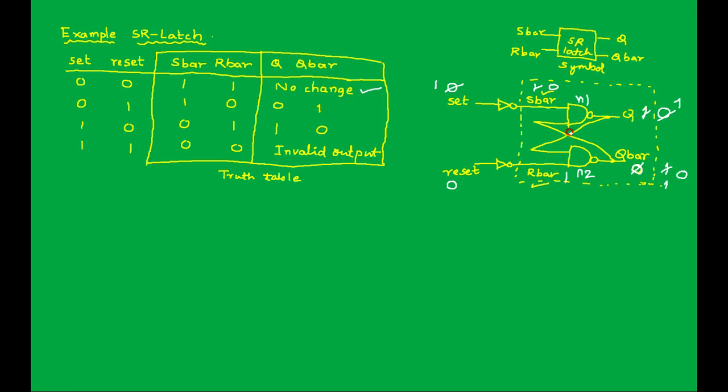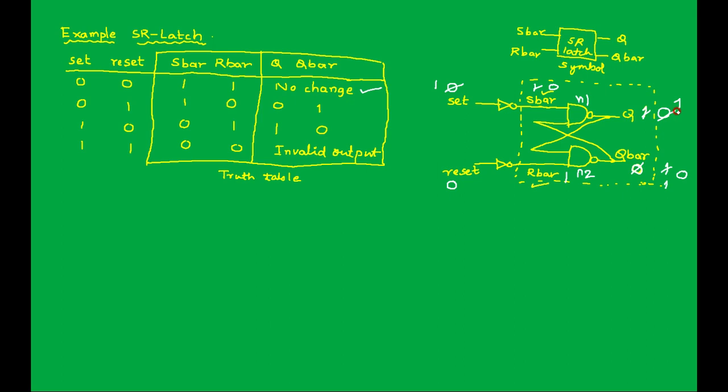Now execution won't stop since the Q value earlier was 0, new value is 1. You see here, Q value is 1, R bar value is 1, so 1 1, the output changes to 0. Now you can see 0 0, output remains 1, and 1 1, output remains 0.